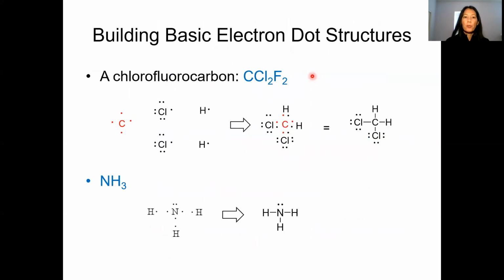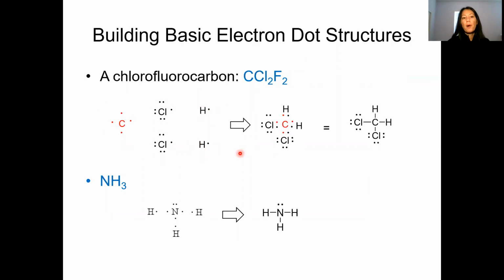So I'm going to go over 3 examples. The first is a chlorofluorocarbon, CCl2F2. That means you have a carbon, identify that it has 4 unpaired electrons, 2 chlorines with 7 outer electrons, so each only has 1 unpaired, and 2 F's. I thought this was H2, I apologize, I'm going to change this to F2.